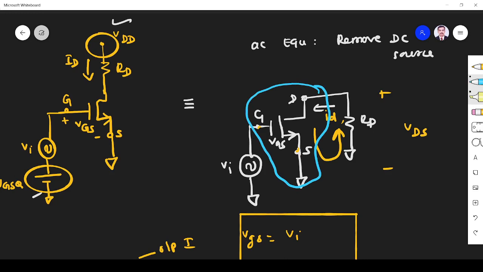We have drawn the small signal equivalent for this MOS transistor only. This is not included. This is outside. So VA will be outside, RD will be outside. This is a small signal equivalent.